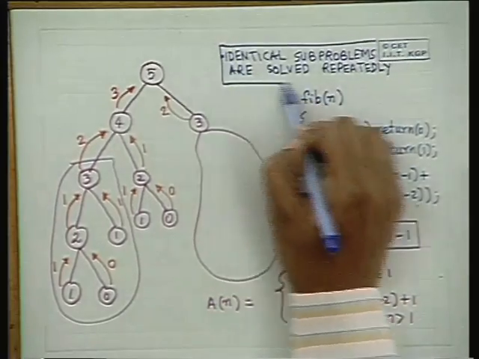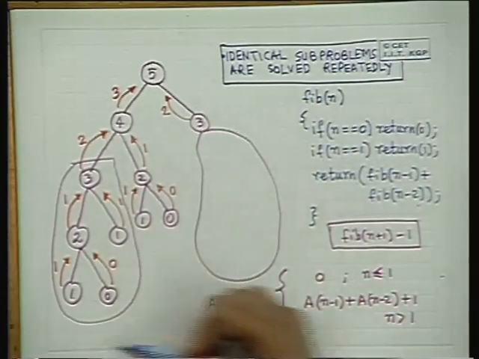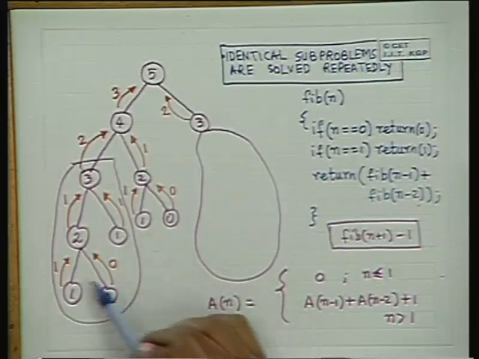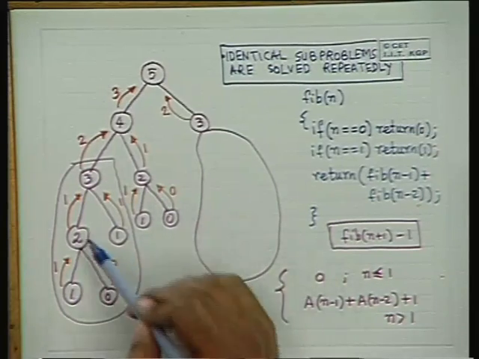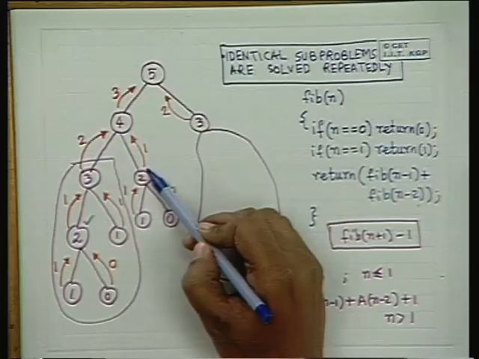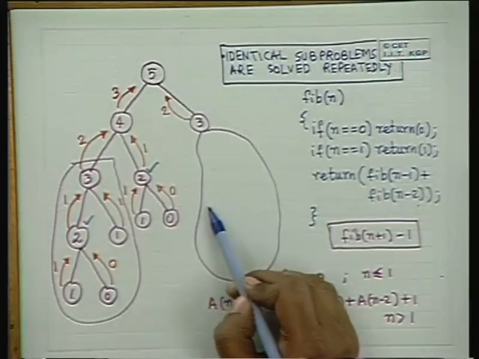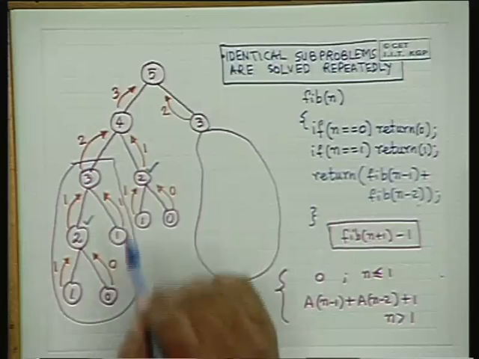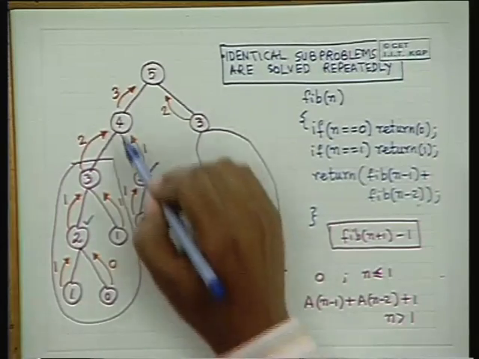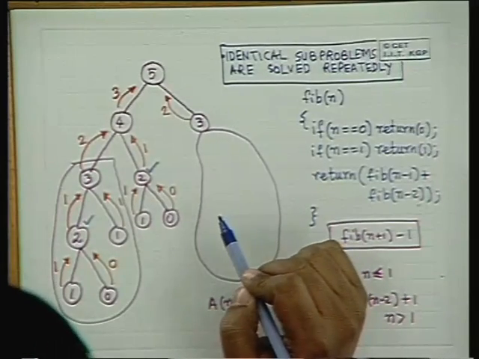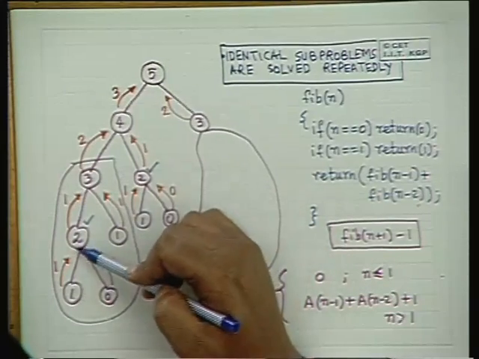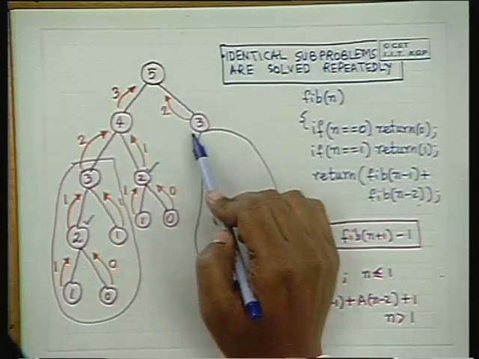One obviously is a base condition, so there is no question of repeating this, but 2 is going to be solved here once, and inside this also once, because this structure is there. So 2 will be solved 3 times, 3 will be solved twice, 4 and 5 will obviously be solved once only. But if you take a large number, say 100, each of these lower numbers will be solved again and again.